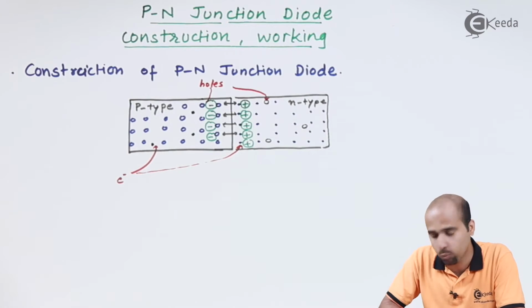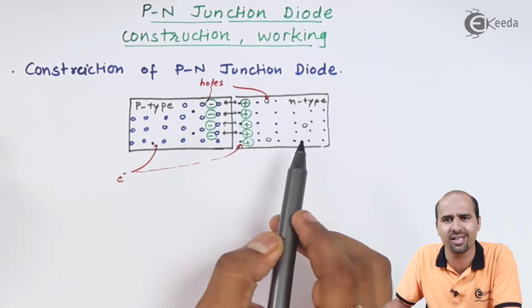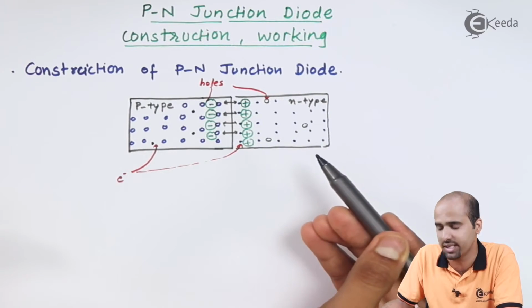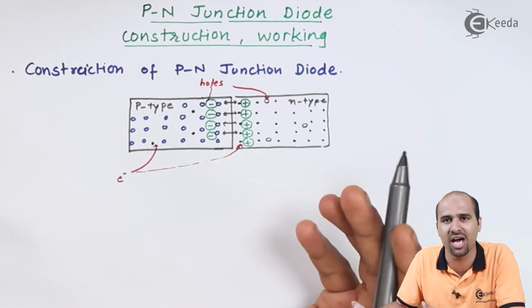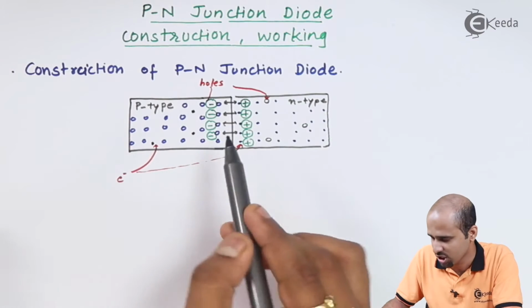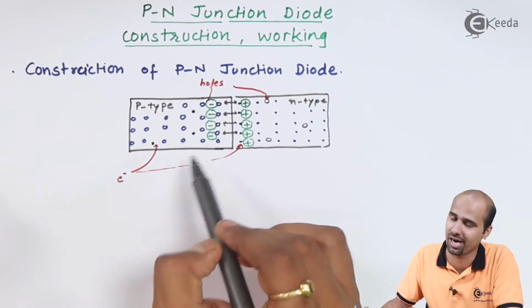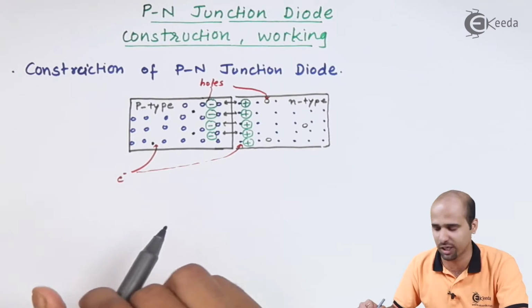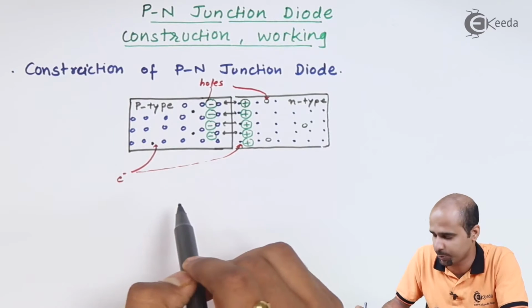Now after that, all the electrons will try to jump towards the P type semiconductor, but not all the electrons are allowed to move towards it. This is because these are negatively charged ions, and again according to Coulomb's law of electrostatics, negative and negative repel, positive and positive repel.